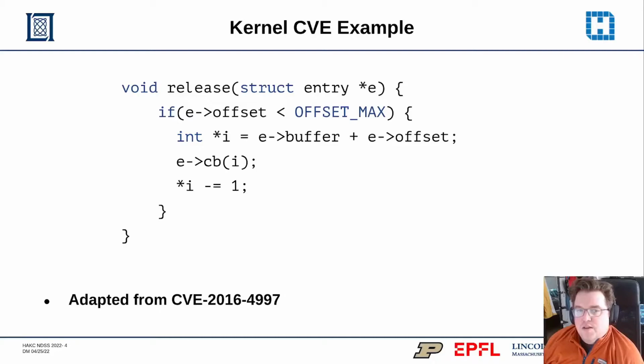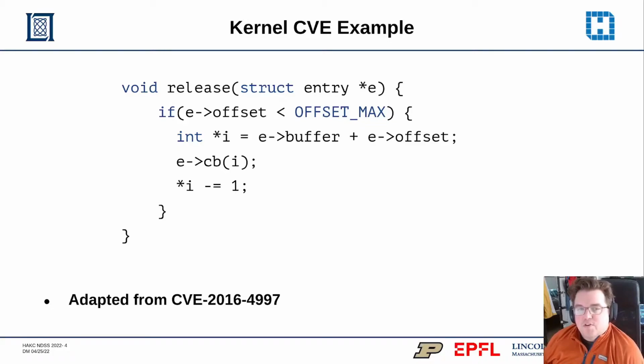To illustrate the type of bug HAKCs mitigates, consider this code, which is based on CVE 2016-4997. The code, which is part of a packet filtering mechanism, runs during error cleanup and can be used to decrement arbitrary kernel data.